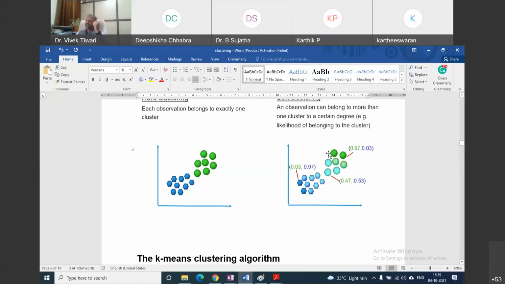But the moment you start moving toward the boundary where the two cluster boundaries are very close, you see that the data points on the boundary have very similar probability, similar membership value, to become part of both clusters. So this data point has a 47% probability of being part of the green color cluster, and a 53% probability of being part of the blue color cluster.